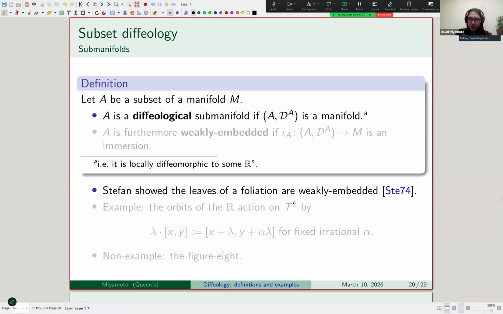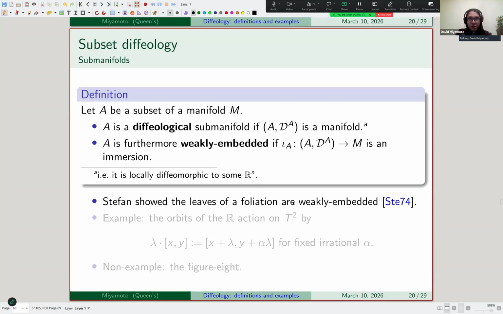And if we wanted to not include the cusp, because this is a strange thing to have as a manifold, we can say it's weakly embedded if the inclusion is an immersion. So this includes the cusp, and this, of course, does not include the cusp, because the inclusion will not be an immersion, even if the cusp is diffeomorphic to R. And some examples of weakly embedded things: the leaves of a singular foliation are always weakly embedded.